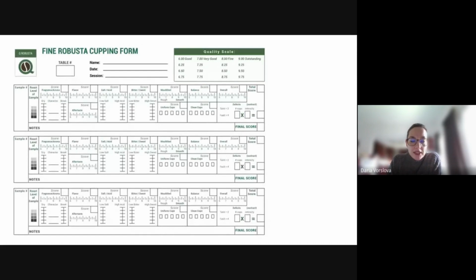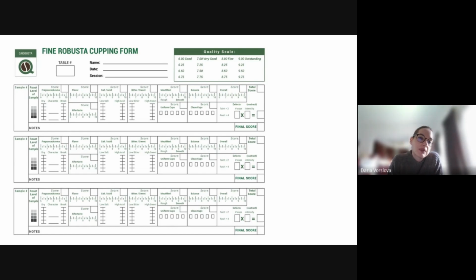And I think it should also be mentioned in this webinar that CQI, since they created a standard for Arabica coffee, created a standard for Robusta too, so as not to leave it without a high-end standard. But we call this product not specialty Robusta, but fine Robusta. And we also have a standard.